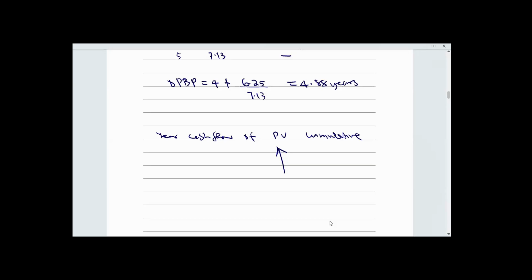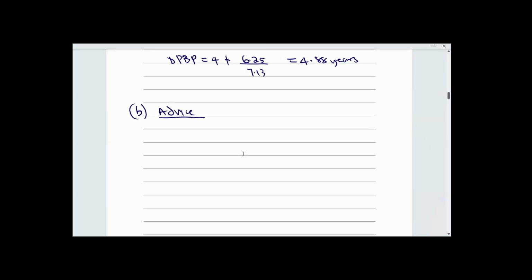Now let's go back to the question. Number B, we are told that on the basis of NPV, advise if the project should be considered. Of course, the project produced a positive NPV, then it is financially viable. So I will just come here, number B, advise. So examiner says on the basis of NPV, we should advise.